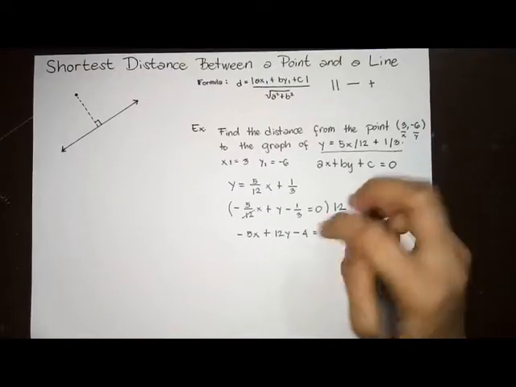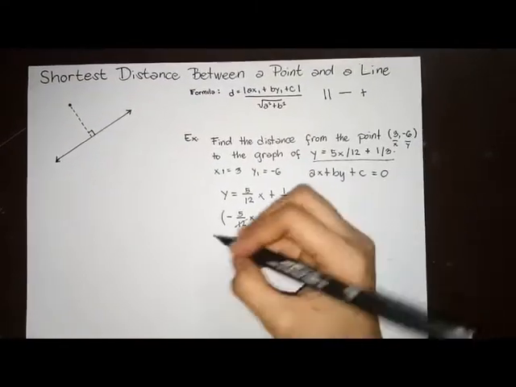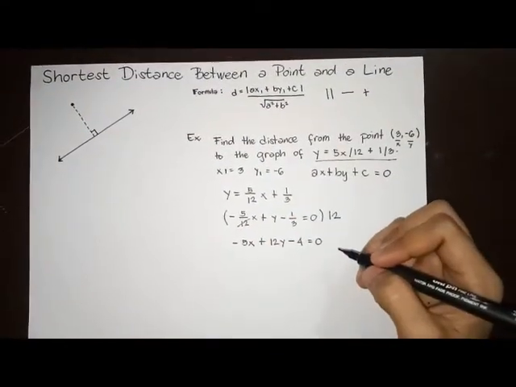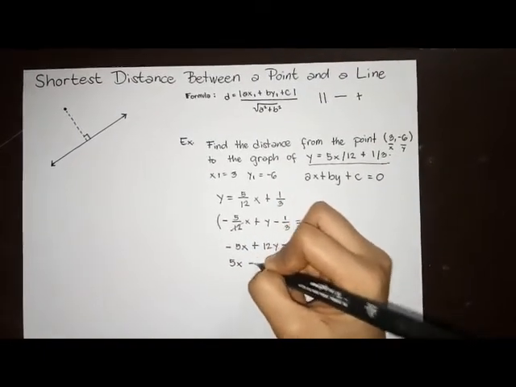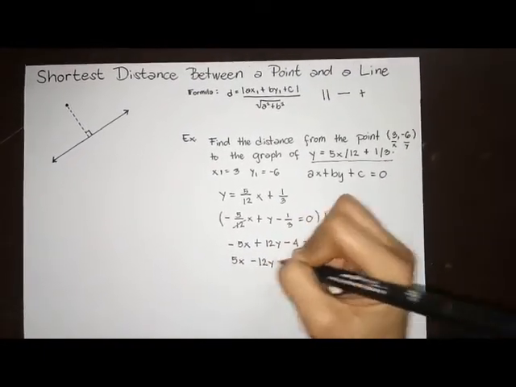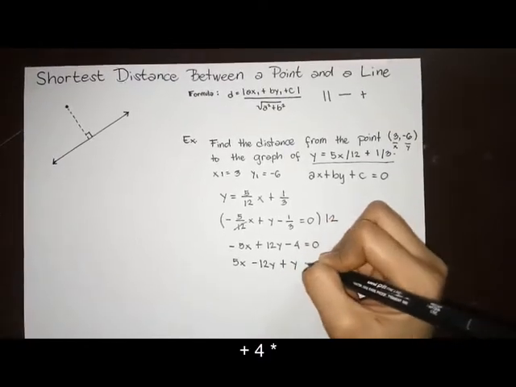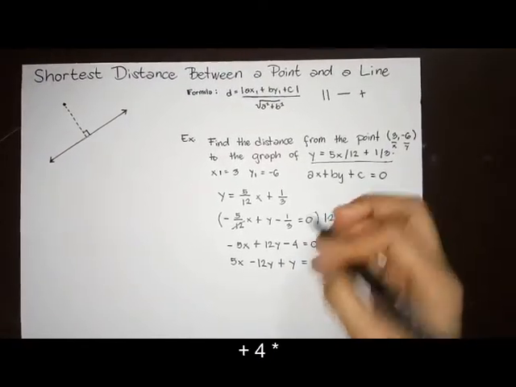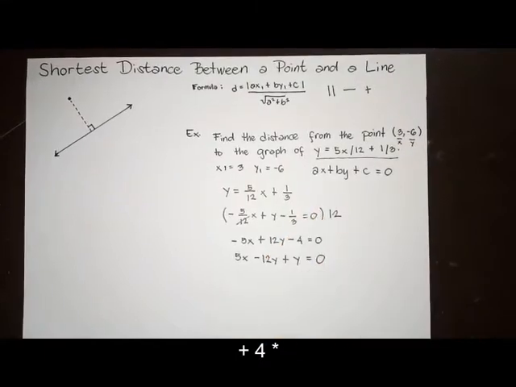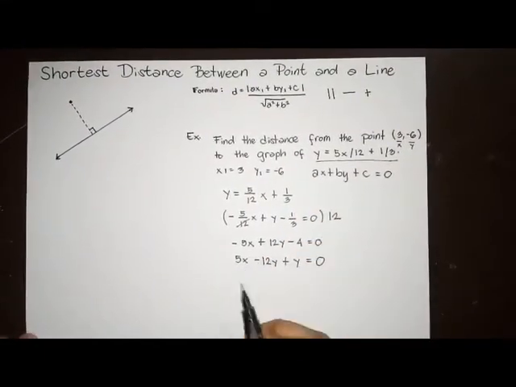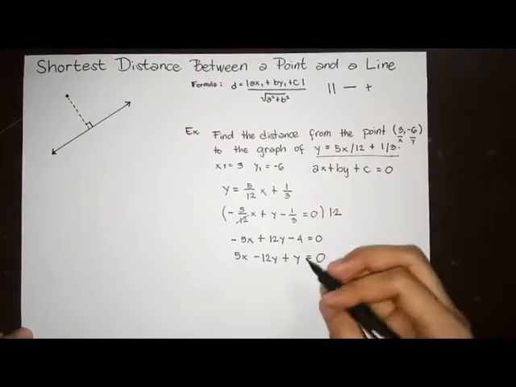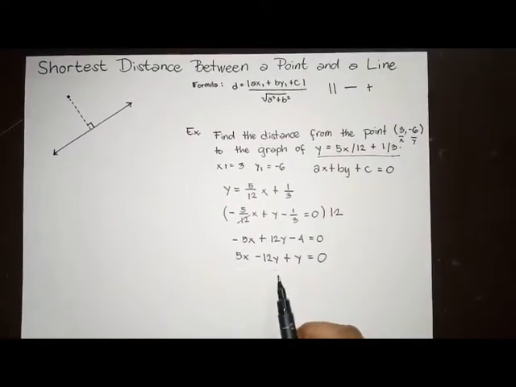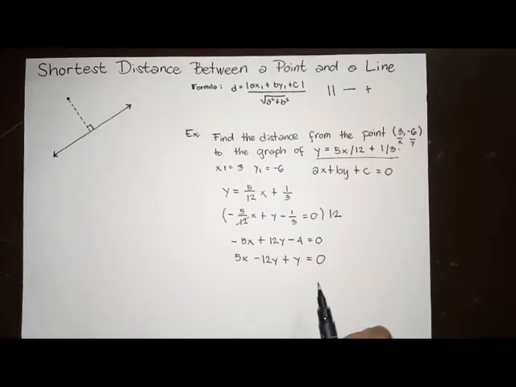So if we multiply everything by negative 1, it becomes 5x minus 12y plus 4 equals 0. So it has become ax plus by plus c equals 0.